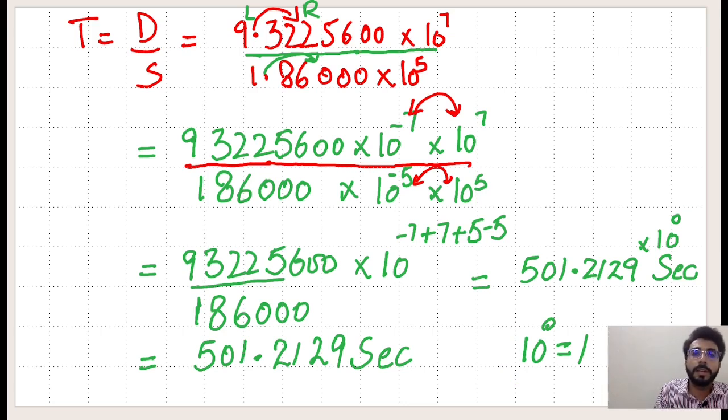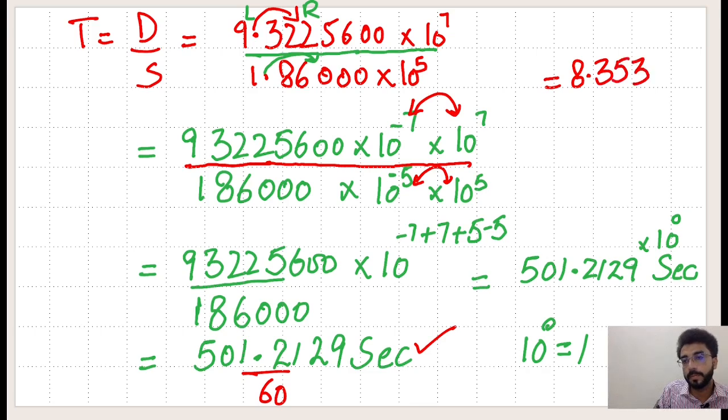Now we have got the answer in seconds. We have to convert this second into minutes. So let's divide this number by 60. After dividing by 60, you will get the answer, 8.3535 minutes.